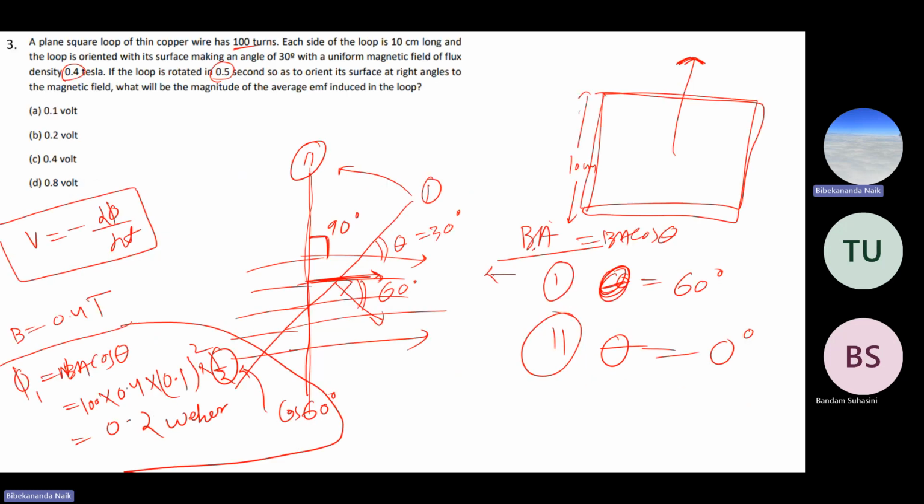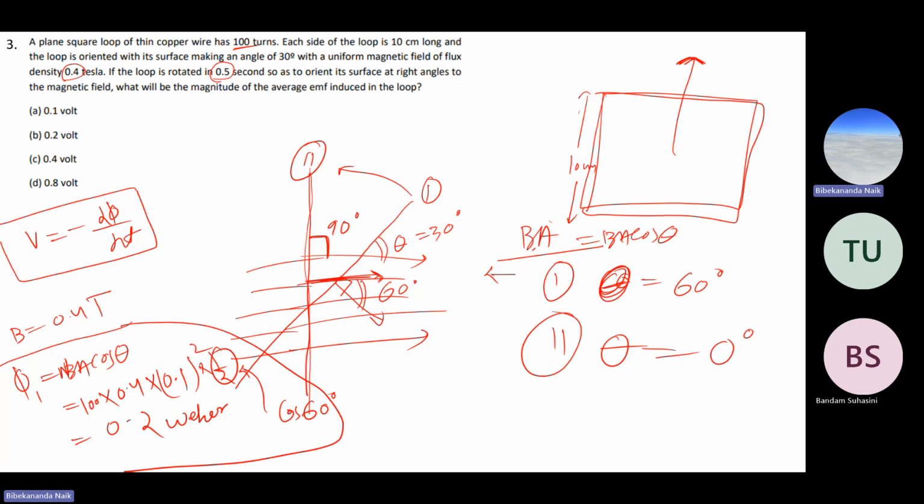The calculation is very simple, but the only concept hidden here is the angle between the magnetic field and the coil. The magnetic field is in a particular direction, but due to the rotation of the coil, the area vector, which is perpendicular to the plane of the coil, is changing.